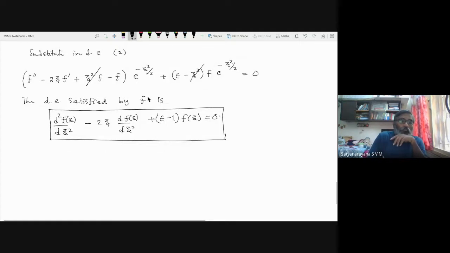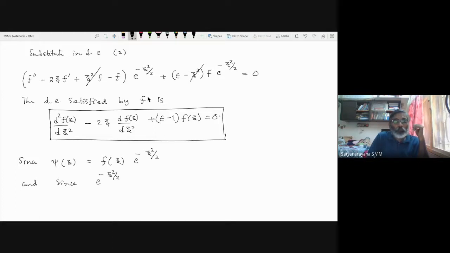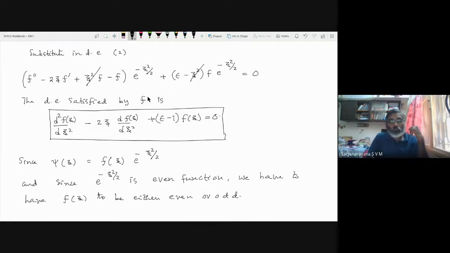Now notice that since psi of psi is equal to f of psi into e to the minus xi square by 2, and since e to the minus psi square by 2 is an even function, we have to have f of psi to be either even or odd function of psi.